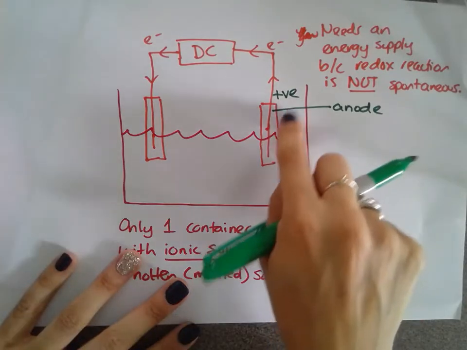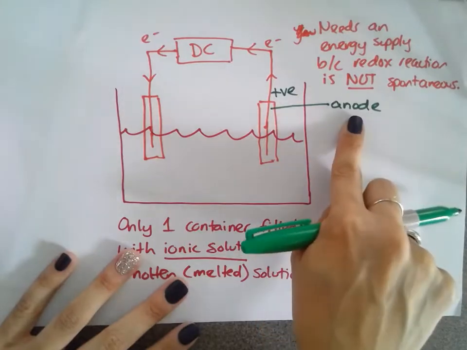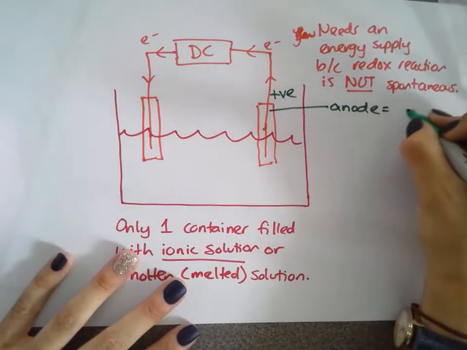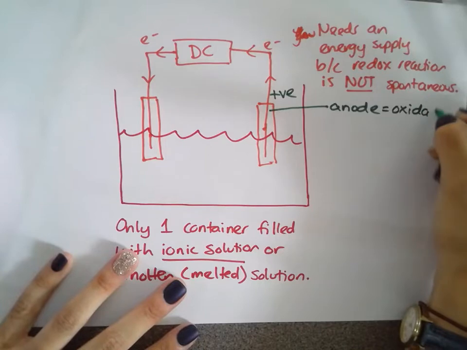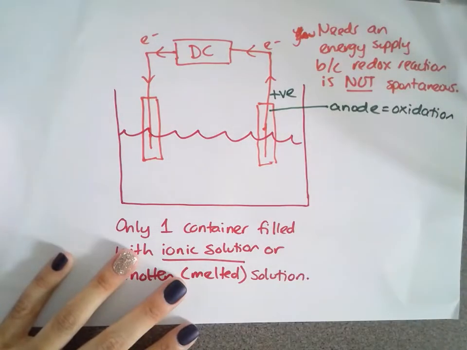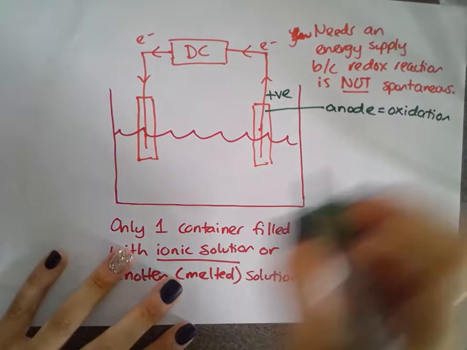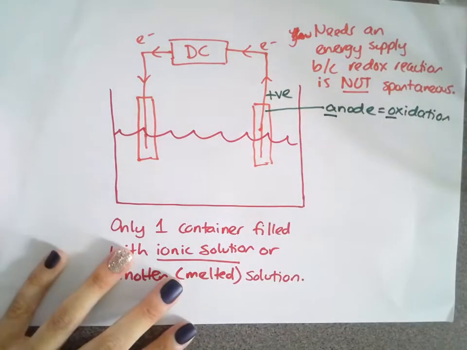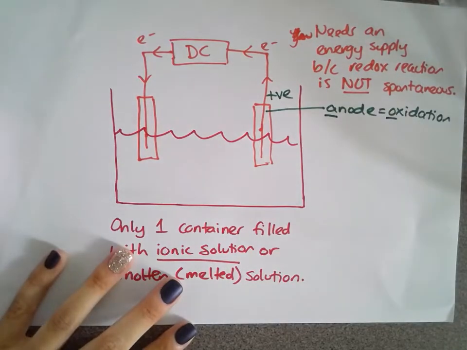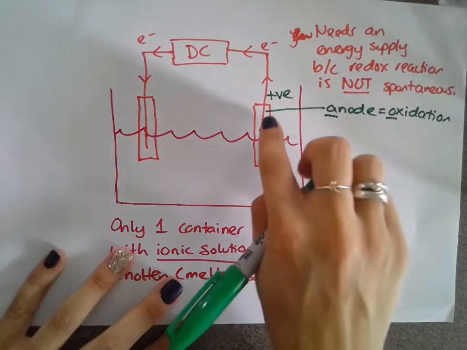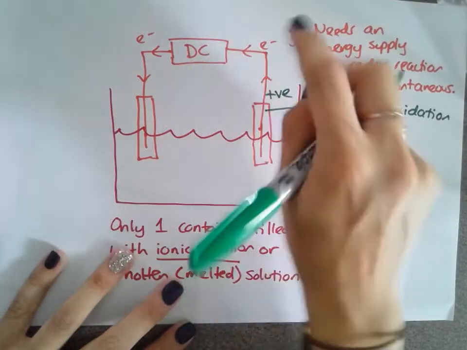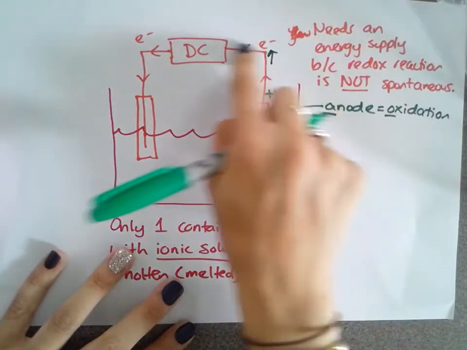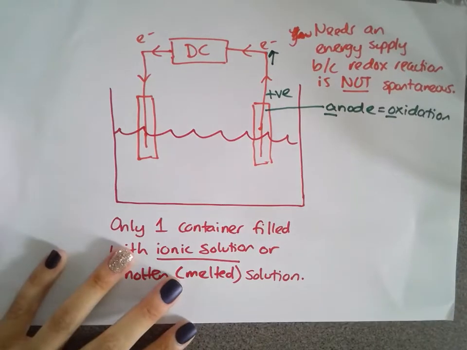In this case, the anode is positive. The anode is where oxidation occurs. The way I like to remember that is these are both starting with a vowel. Oxidation, anode. And we can see here that there's going to be a loss of electrons. You see how my electrons are going in this direction away, following the trend of oxidation.